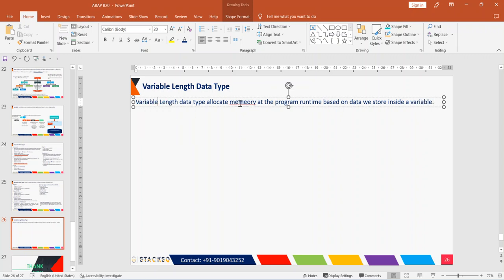Variable length data types will not allocate or decide the memory of a variable at the time of designing or writing the code. The memory of the variable will be decided after storing the data.